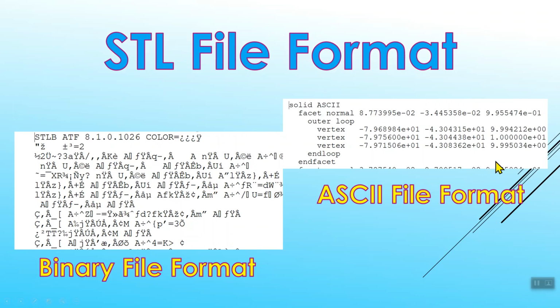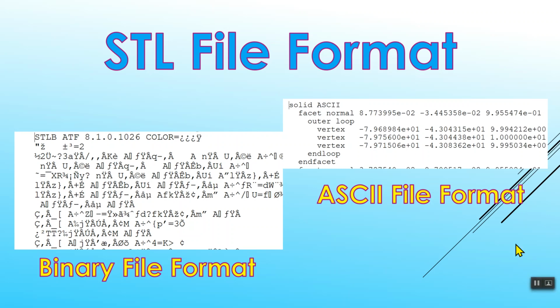Now let us see how this STL file is stored. The STL file can be stored as an ASCII file or a binary file. If it is stored as a binary file, it is understood by a computer, and if it is stored as an ASCII file, it is understood by a human.